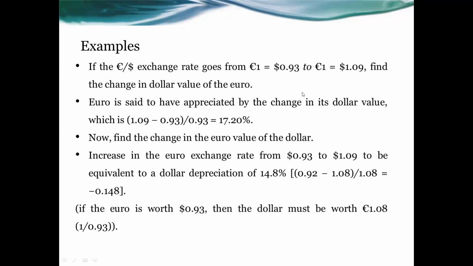What happened to the euro? So the new value is 1.09 minus the old value 0.93, divided by the old value 0.93, which is equal to 17.20.